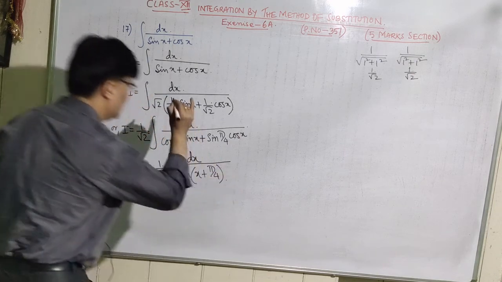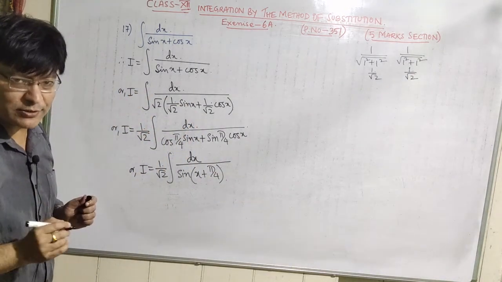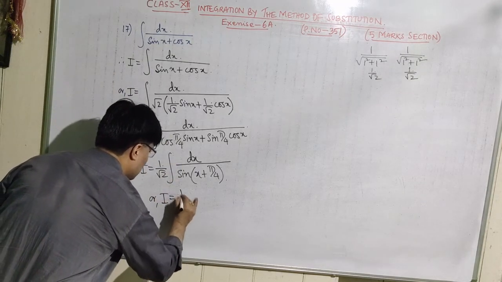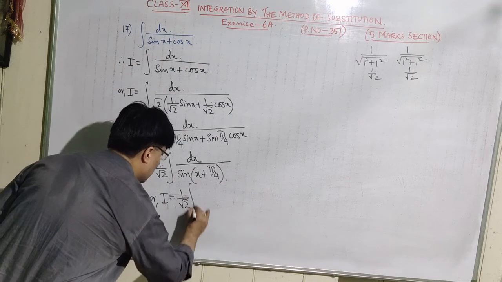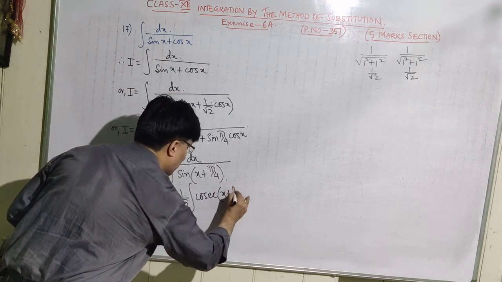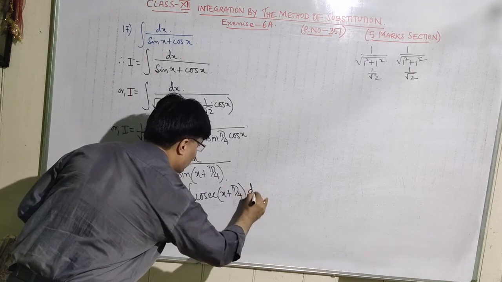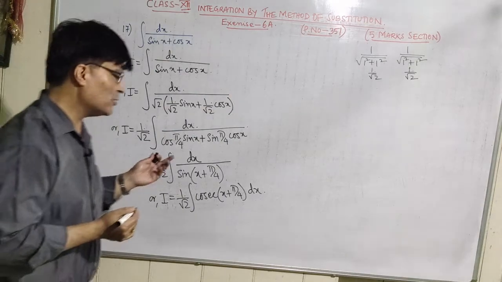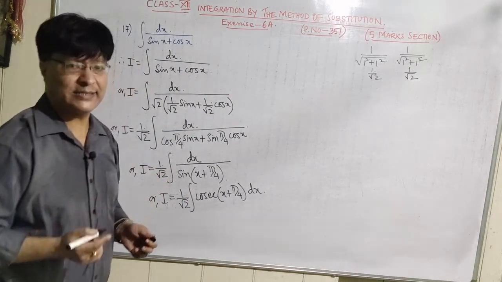It is pi by 4. So I think you have understood it. What is 1 by sine? Cosec. I is equal to 1 by root 2 integration of cosec within bracket x plus pi by 4 dx.